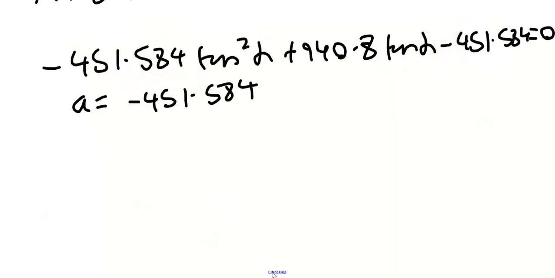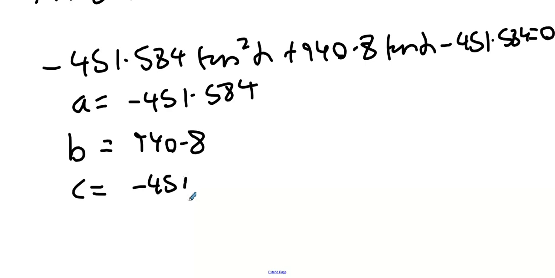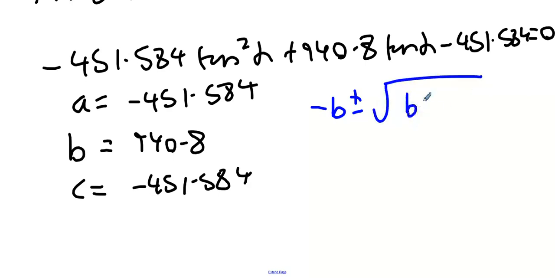So, minus B formula on this. B is 940.8. C is minus 451.584. Minus B formula: minus B plus or minus the square root of B squared minus 4AC, all over 2A.